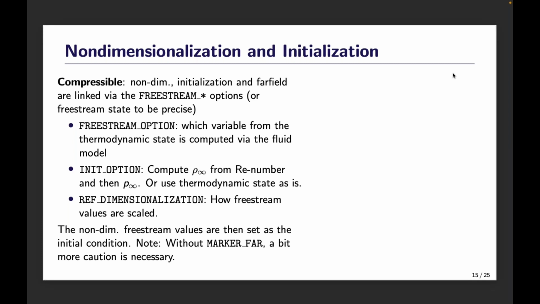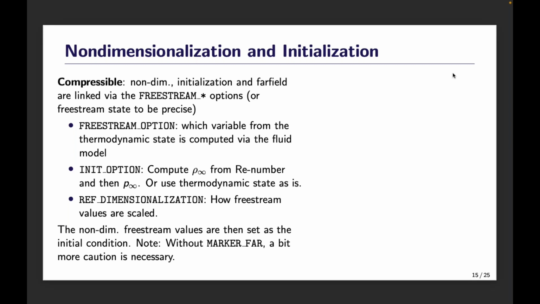And so the best flow chart I can come up with is you choose the free stream option. So you basically say whether temperature or density is computed from your thermodynamic state. Then you have an initial option that you have the possibility to either reuse your thermodynamic state for that, or you specify a Reynolds number and a Reynolds length that set the thermodynamic state.